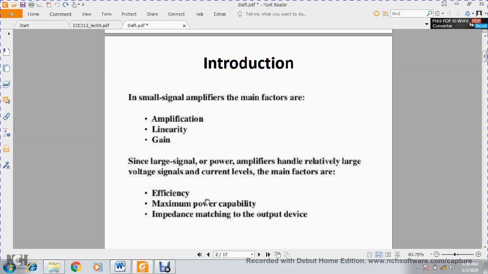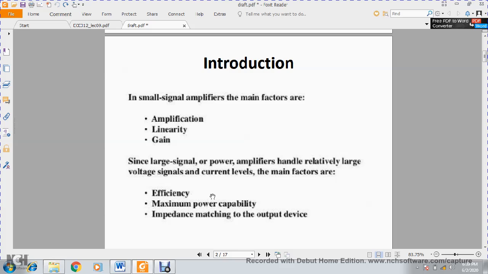Means amplification is done on a small signal input. The main factors to be considered are amplification, linearity, change in the output for the change in the input, then gain, the amount by which the amplification is done.